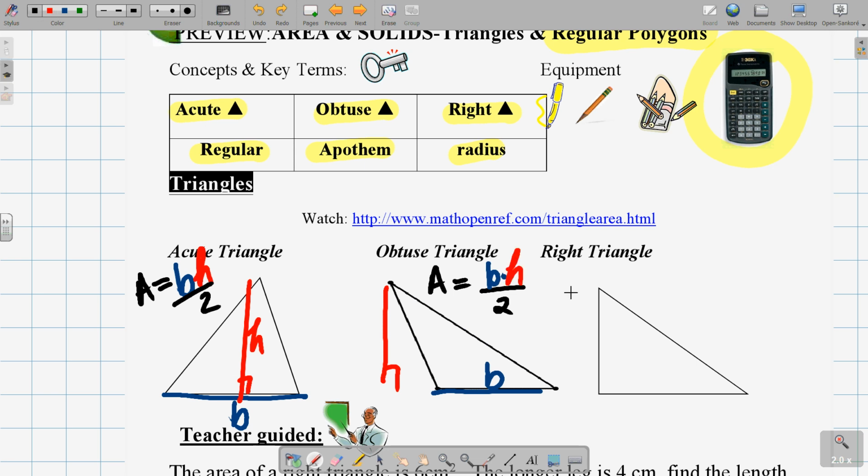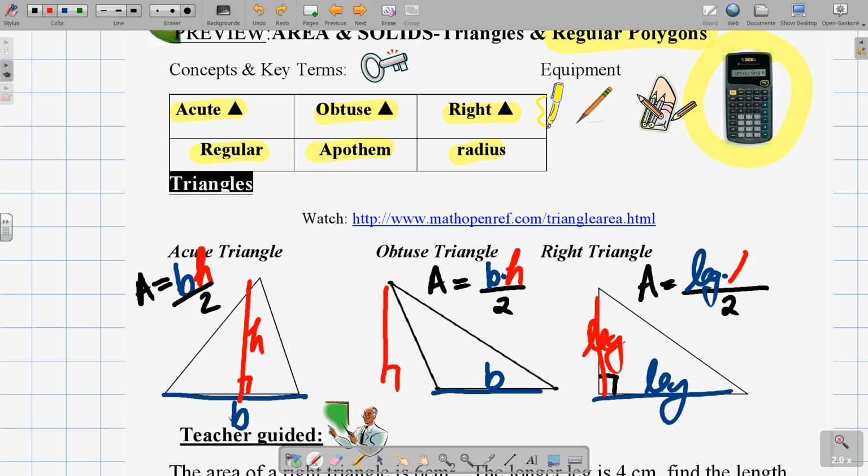And most importantly, in a right triangle, your base and your height are actually the legs. One leg times the other leg over 2. But basically, again, triangles are base times height over 2.